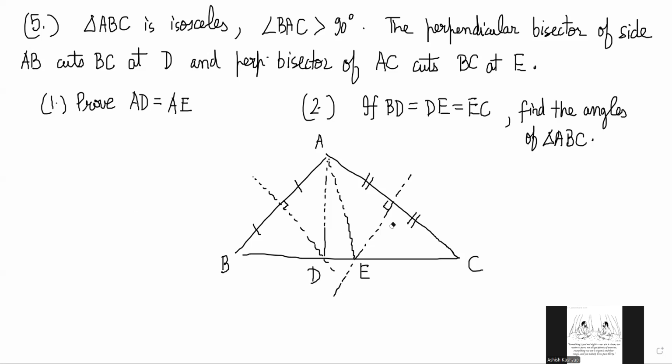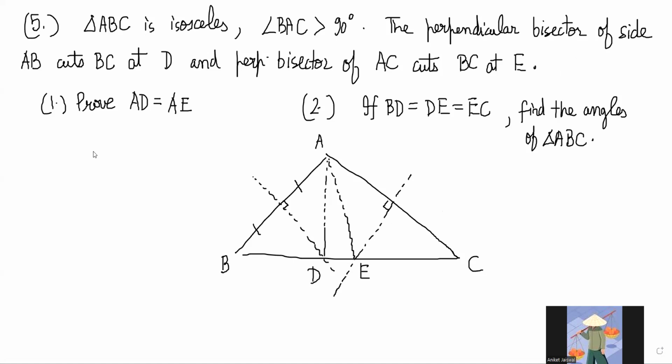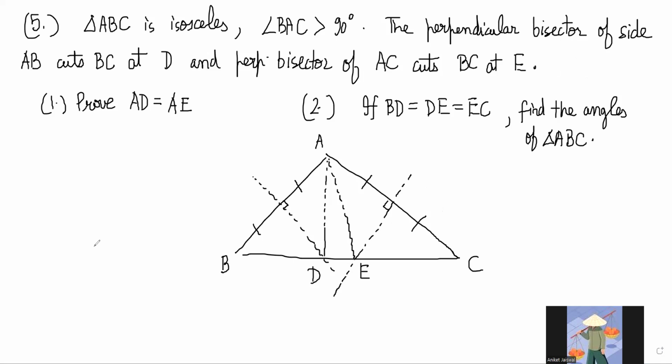By the way, the triangle ABC is isosceles, so AB is equal to AC, you can assume. Okay, isosceles. Yes, sir. So then it's proved, sir. How? Tell me. The first one.